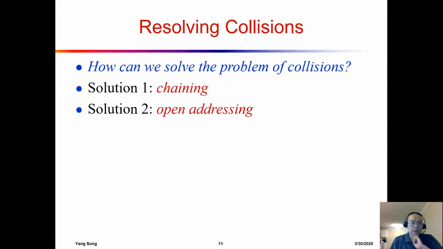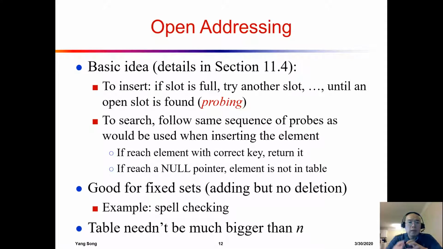There are two possible ways. The first way is called chaining, and the second one is called open addressing. These are the terms in our textbook, and you may have seen another term called probing. Let's talk about open addressing, or probing, first.